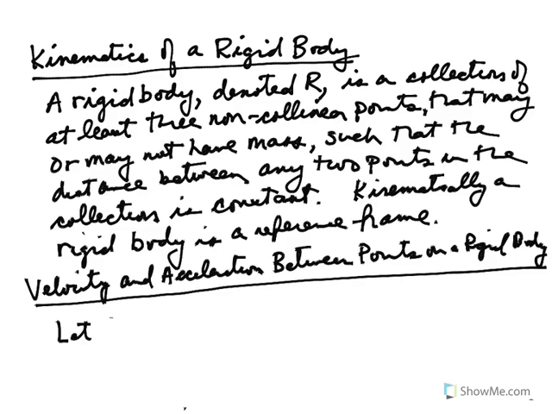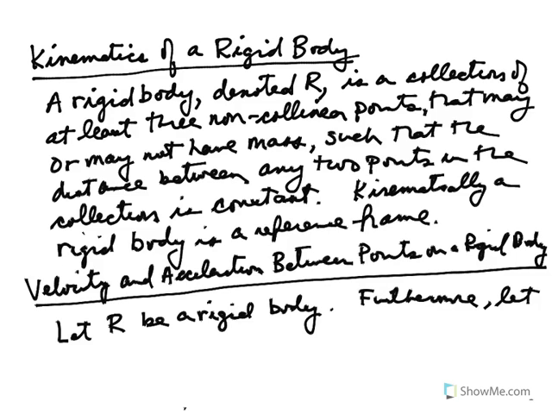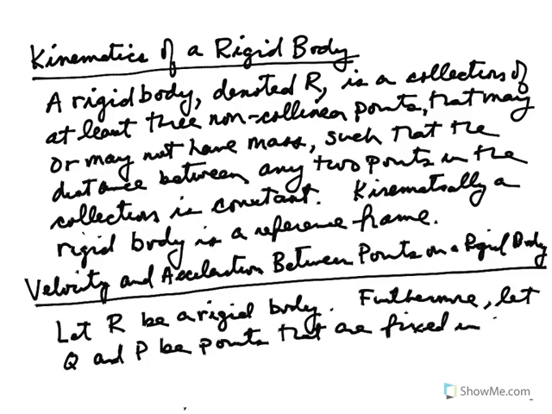We'll say, let R be a rigid body. And then furthermore, let Q and P be points that are fixed in R. And finally, let A be an arbitrary reference frame.